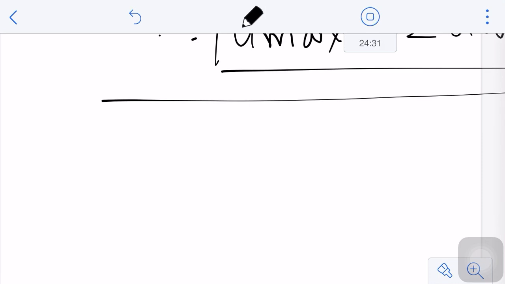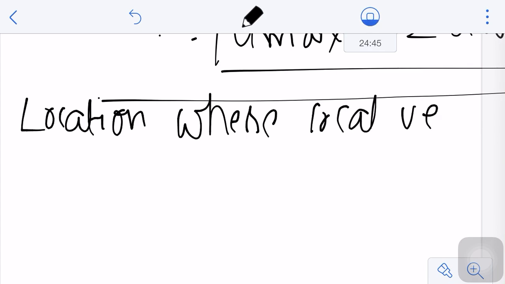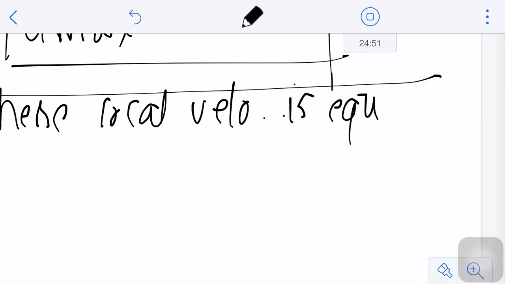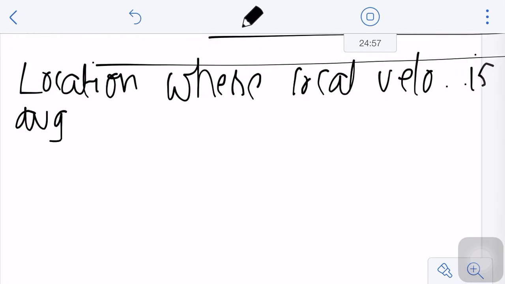So the location where this local velocity, or in other words simple velocity, is equal to average velocity.